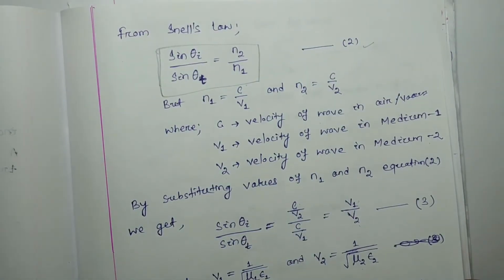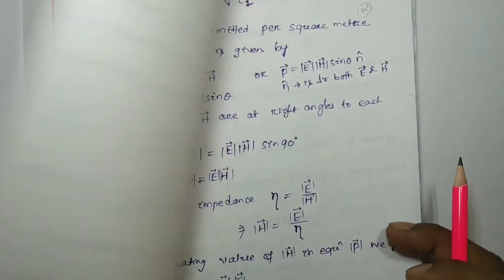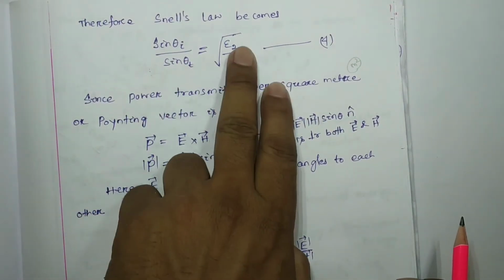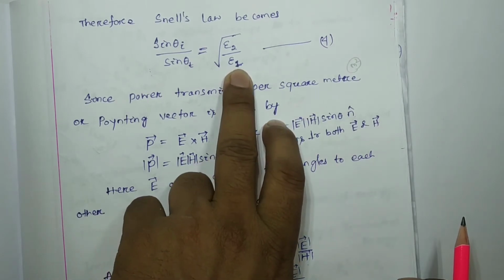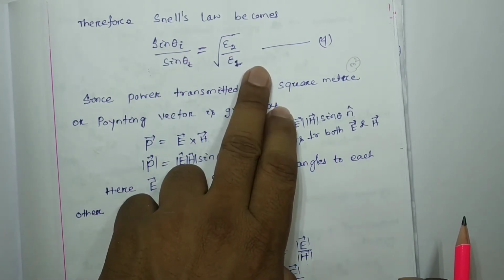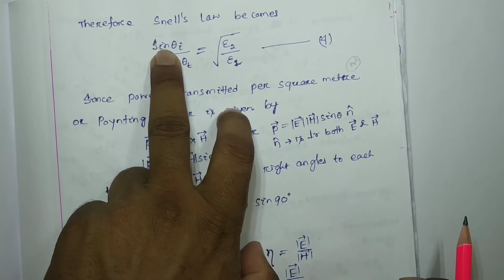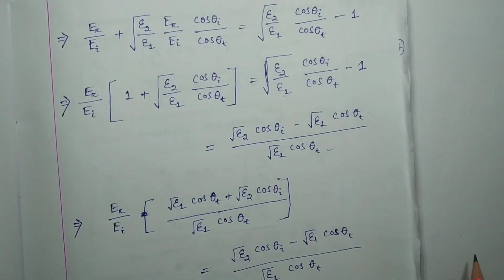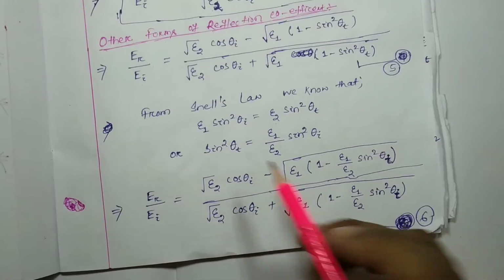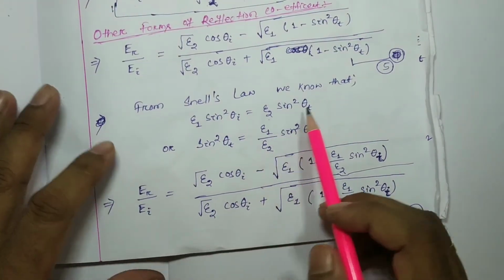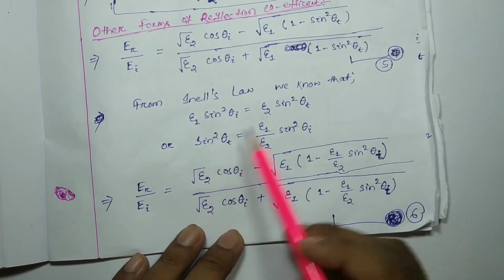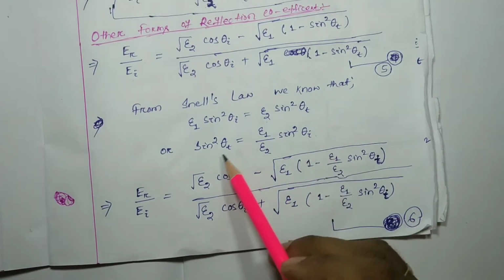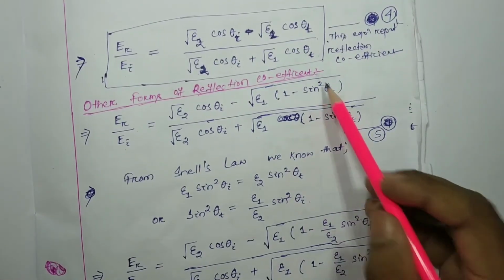Here you can see in equation number 4 we found sin theta I by sin theta t equals root of epsilon 2 by epsilon 1, and squaring both sides we get epsilon 1 sin square theta I equals epsilon 2 sin square theta t. So hence sin square theta t will be epsilon 1 by epsilon 2 sin square theta I. We are going to substitute the sin square theta t value over here and here.